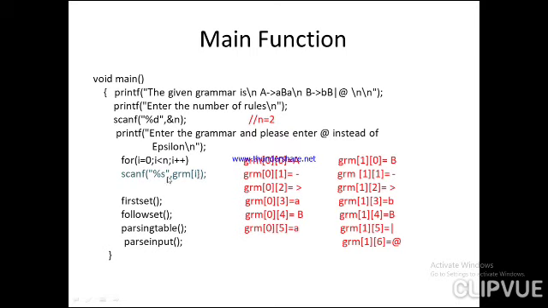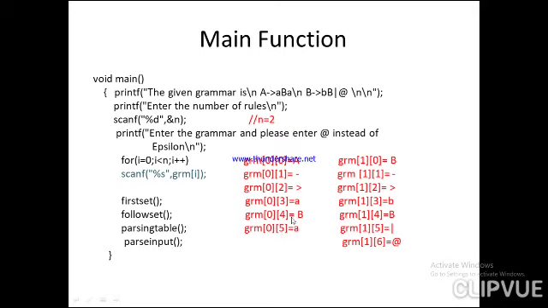So when you are reading a string, with grm of 0 it will understand implicitly that it is grm of 0,0, 0,1, 0,2, 0,3, 0,4, 0,5. Till where will it go? Till you go to the next line.